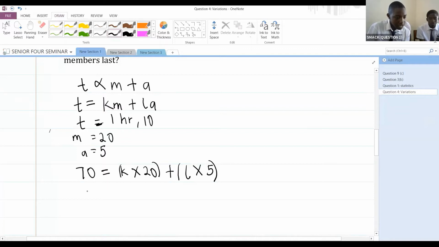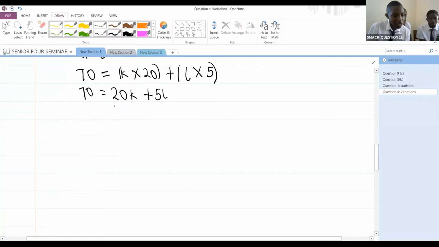So we have 70 equals 20K plus 5L. This is our first equation. Now we're going to need a second equation because we have 2 unknowns in this one.